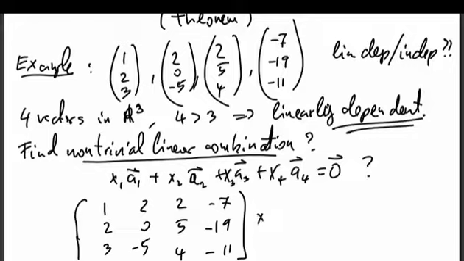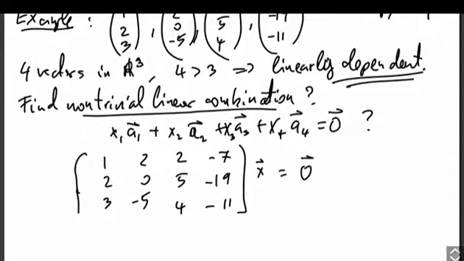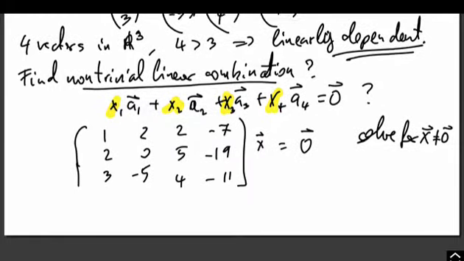Then we have the x vector that's supposed to be equal to the 0 vector, and we want to solve this for x. These will be the coefficients in the linear combination. And of course we want to solve for x which is not 0. Again, 0 is always a solution, but we are not interested in the trivial solution.